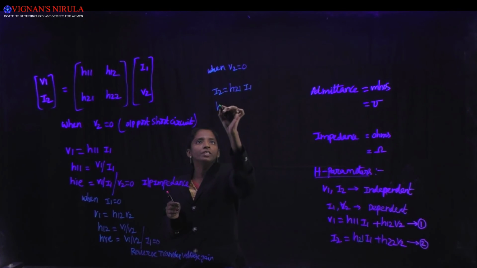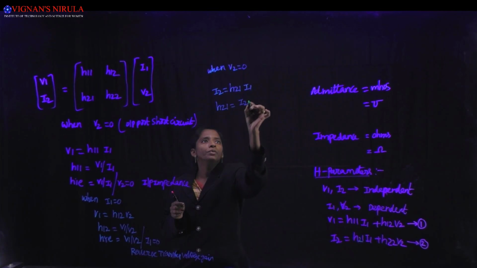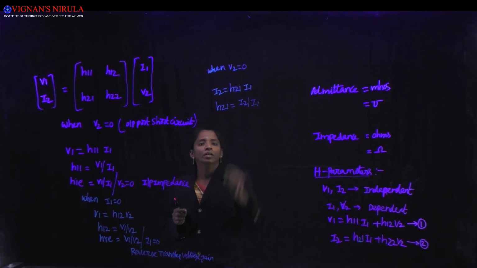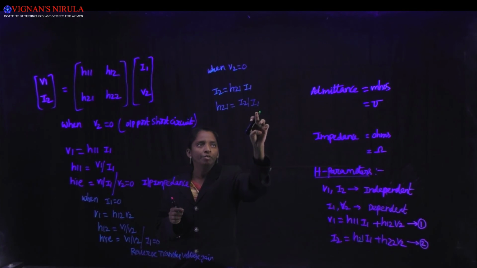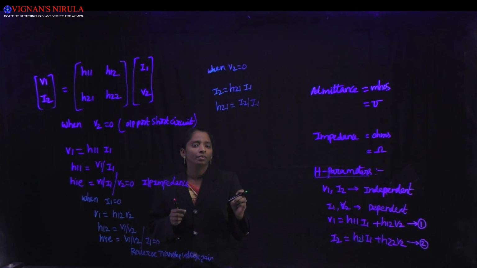From this equation, H21 equal to I2 divided by I1. Here I2 is output current and I1 is input current. So current at the port 2 and current at the port 1. So this is the formula for current gain.